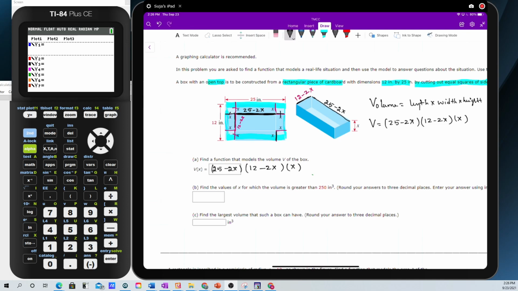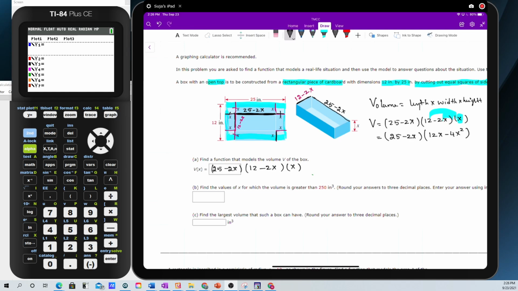Now, you may be asked to FOIL this out and write it. If that's the case, then you would just FOIL it out, use algebra. So let me do it here. The first thing I'm going to do is take this x and distribute it inside first. That is going to give me (25 minus 2x) times (12x minus 4x squared).